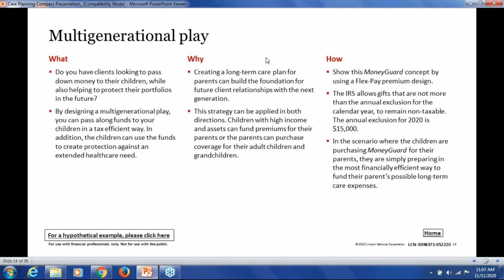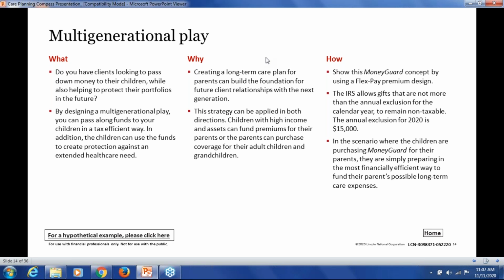This works particularly well if they're already looking to pass on a legacy, or have money they're not going to need while they're saving. Why not funnel those funds into long-term care policies that their adult children have to purchase anyway? Maybe the adult children don't necessarily have the funds to pay for that at this point in time. So that's one way you could look at this.